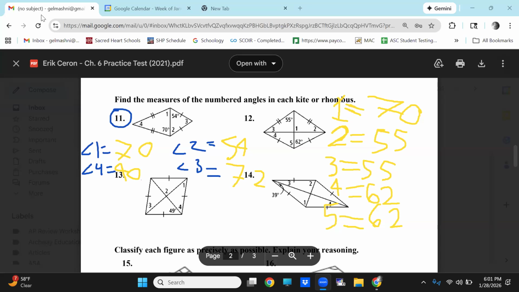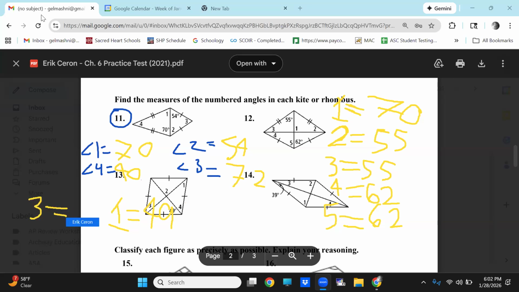Well, I should probably do this other one then. Well, wait a second. So then angle 1 is equal to 49.